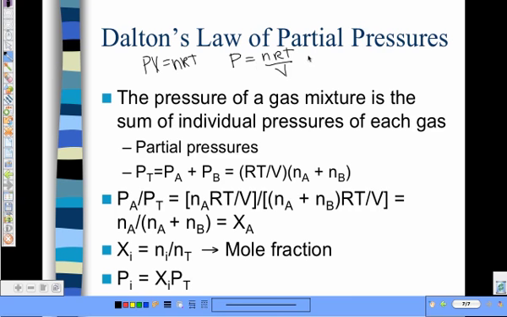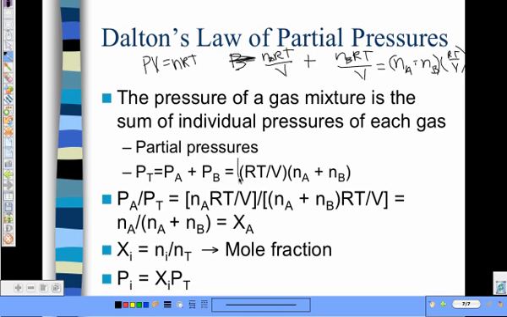So if we add these two together, if this is for A and this is for B, so let's call this, I'll put a B here and I'll put an A here. For gas A and gas B, this is equal to nA plus nB times RT over V, right?